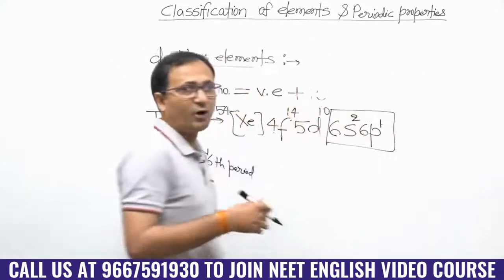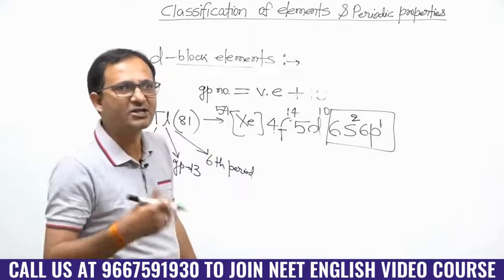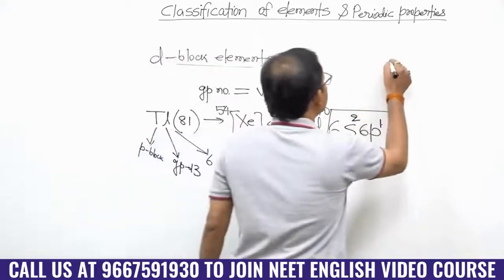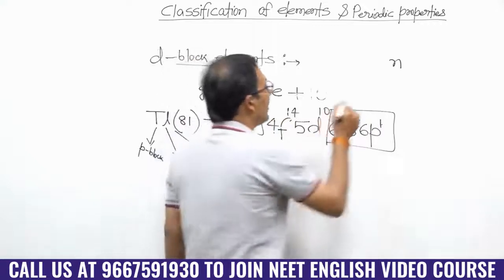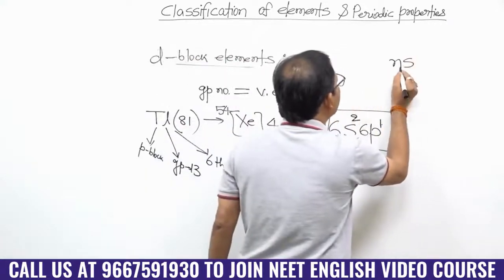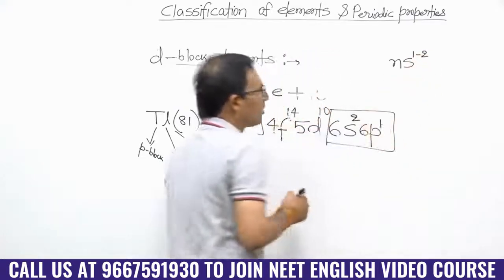Now the general outermost electronic configuration of the d block elements can be written as follows. Suppose n is the outermost shell, so here the outermost shell s can have either 1 or 2 electrons.